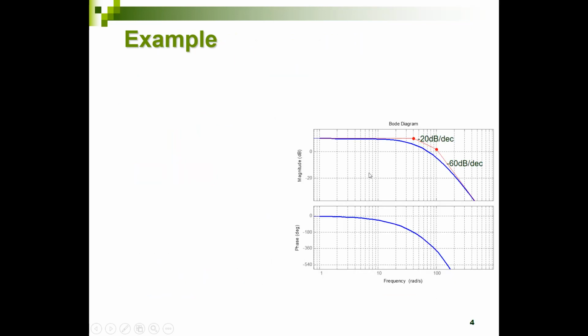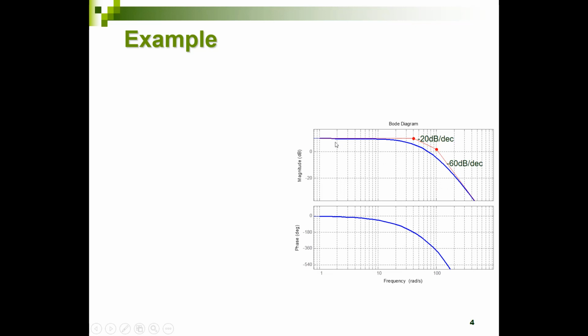Suppose we have a measurement and we see this as a Bode plot. This is the Bode amplitude plot, the blue curve, and this is the Bode phase plot. In this Bode plot also asymptotes have been drawn. An asymptote over here and one over here. And then we see two things.